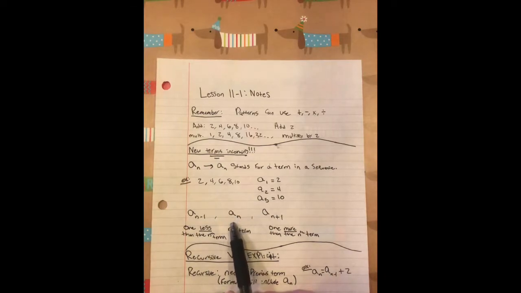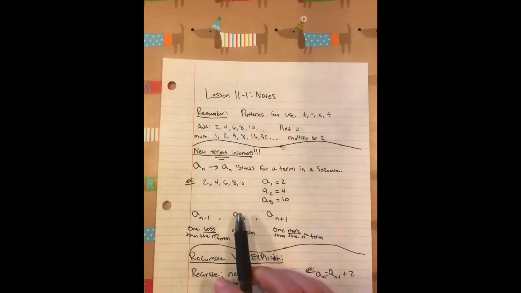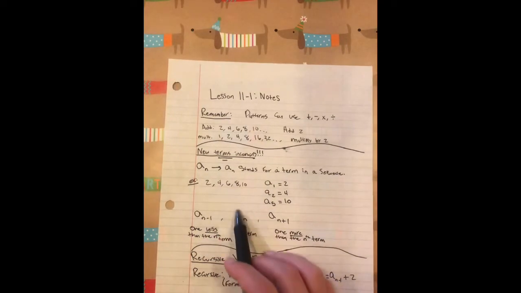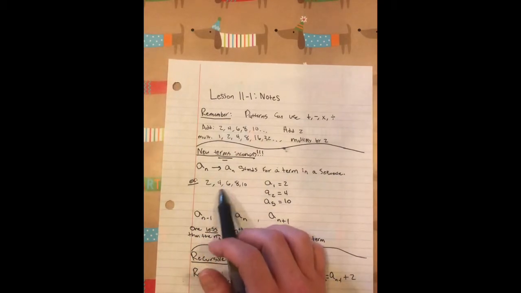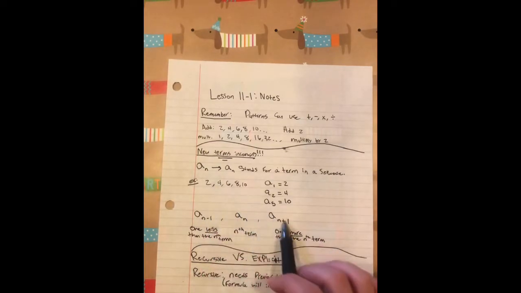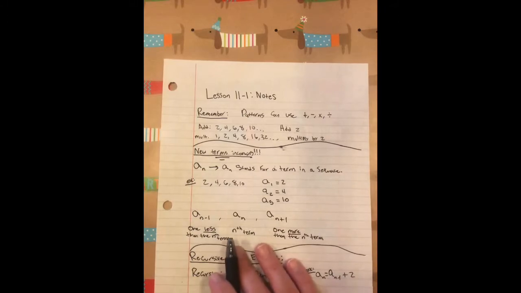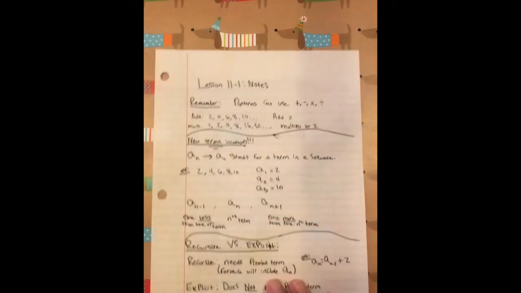If I'm looking at a sub 3, the third term in the sequence, the third term is 6. A sub n minus 1, or 3 minus 1, would be the second term, so 4. The term after 6 would be 8. So it just helps you figure out the terms around the one you're looking at. Super important for recursive formulas, but we'll get into that later.